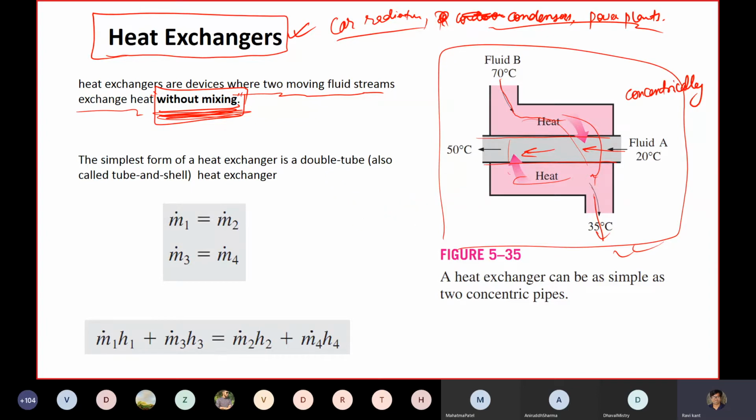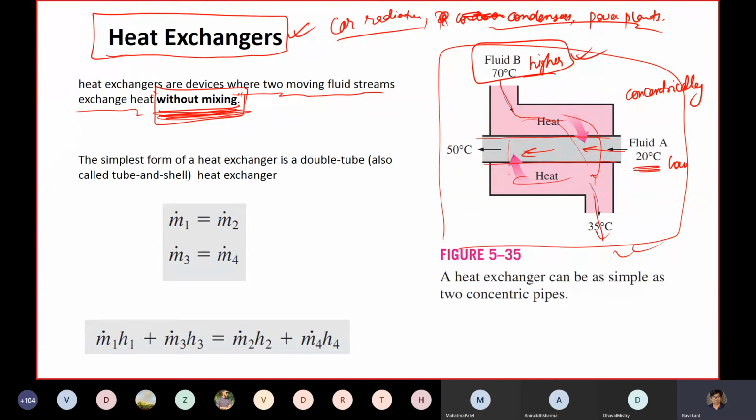So what is the advantage of it? Let's suppose your fluid A is at 20 degrees C, at lower temperature, and fluid B is at higher temperature, and we need to cool it.